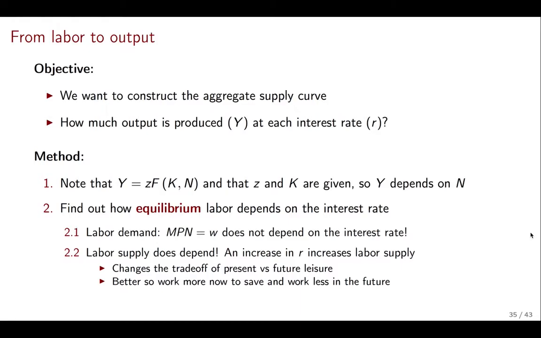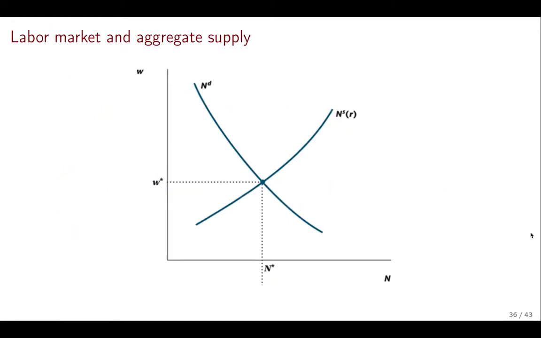Now we can see that in a graphical way. So in this graph, we're relating the total amount of labor to the current wage in the market. The labor demand here is equal to the marginal rate of substitution, which is equal to the marginal product of labor. The other line is the labor supply, the one we derived in the consumer's problem, which depends on the level of interest rate.